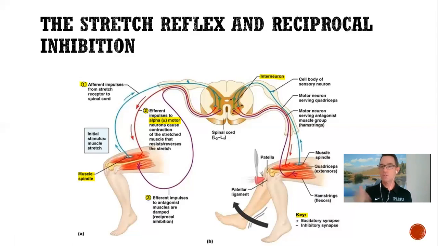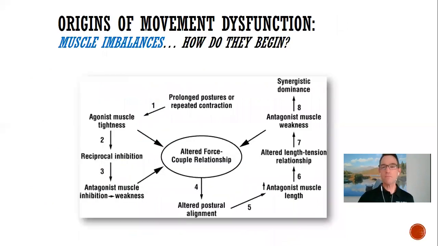If we want the quad to contract and we don't want the hamstring to oppose it, we don't want to move like robots, then the spinal cord needs to tell the hamstring, chill out. Okay, what's the importance of this? When a muscle is overly active, tight, dominant, its antagonist muscle gets inhibited just by definition through the spinal cord, according to reciprocal inhibition. Hugely important there.